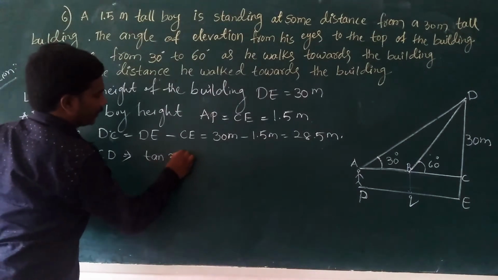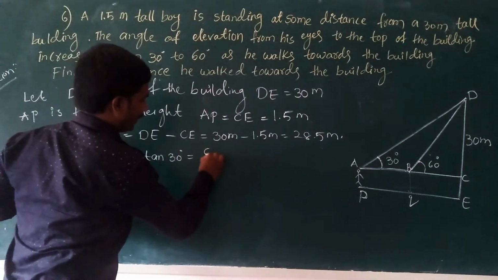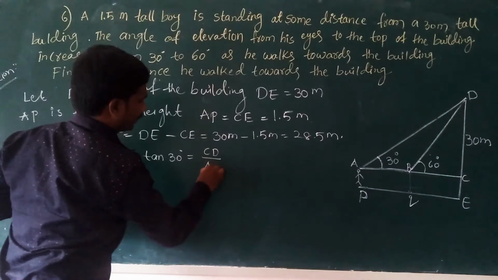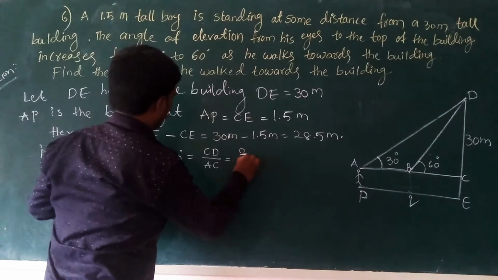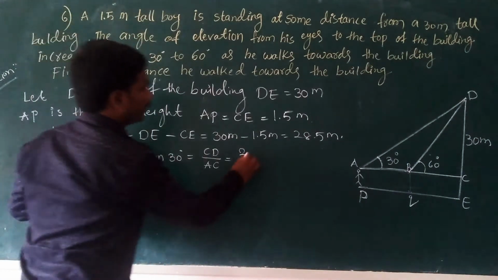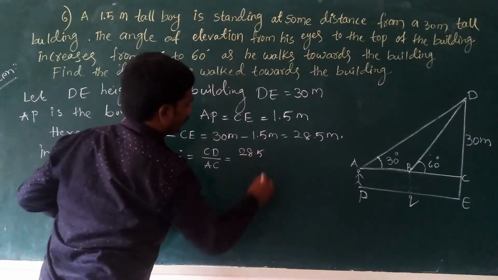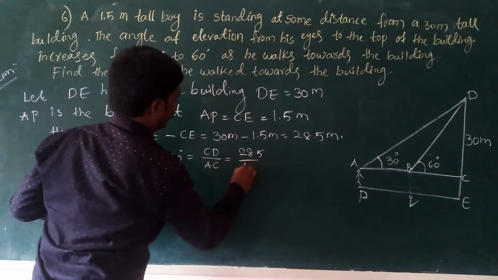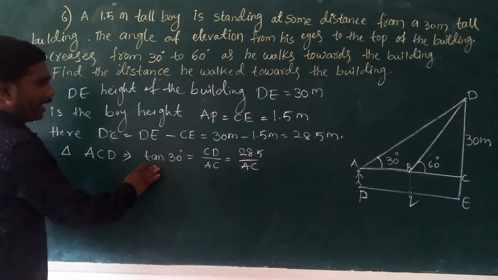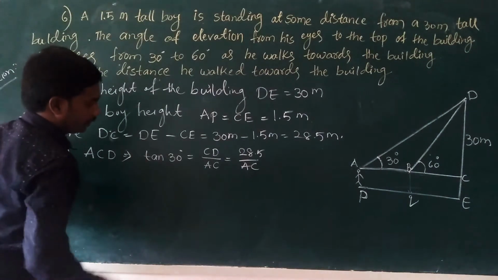Tan 30 degrees is equal to CD by AC. CD is 28.5 meters. What is the tan 30 value?